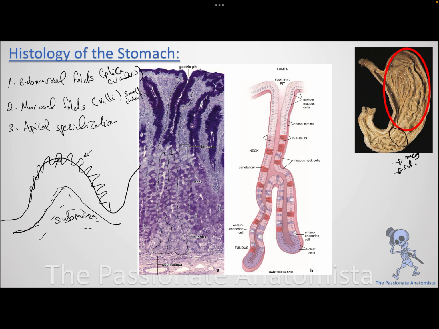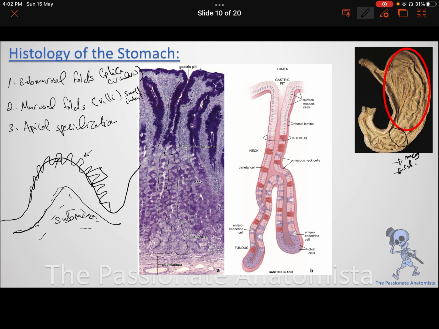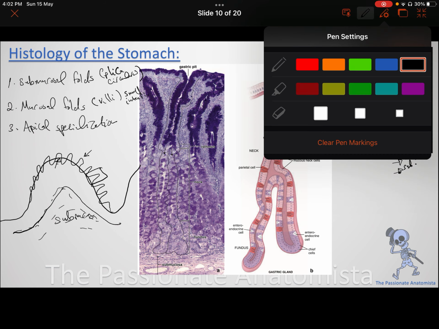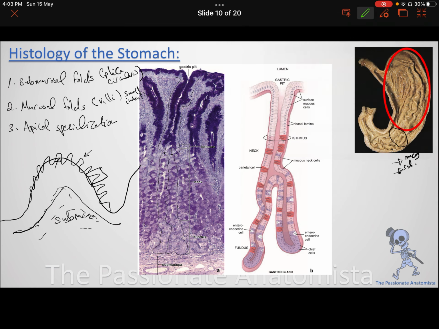In that, I'm trying to expose more and more of the cells. These villi are lined by columnar cells. If I blow up one of these villi, I will see that the villus is lined by simple columnar cells.